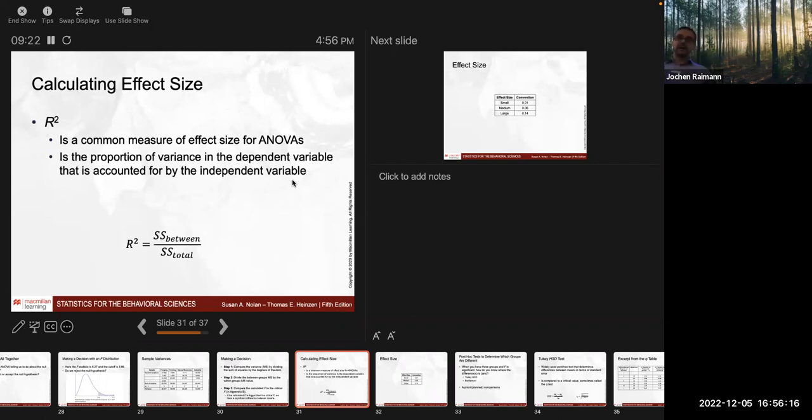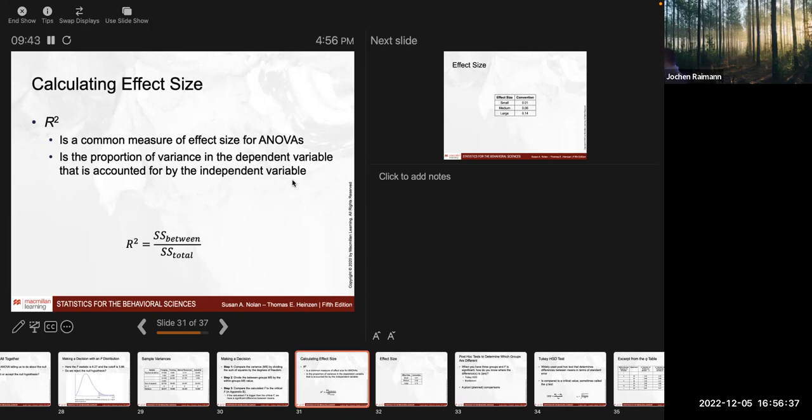And it will come again. So this proportion actually is the effect size. Because what you really want to understand, if there's a lot of variability in your total variability, is what part of that variability is explained by the differences between the means. This is why it constitutes the effect size in ANOVA.